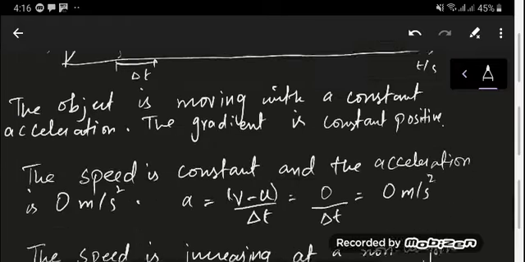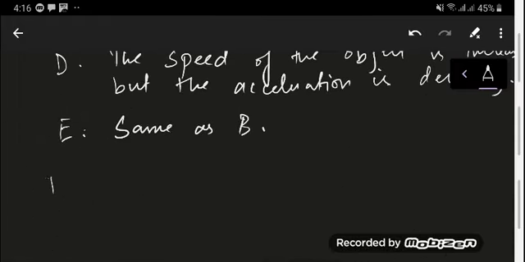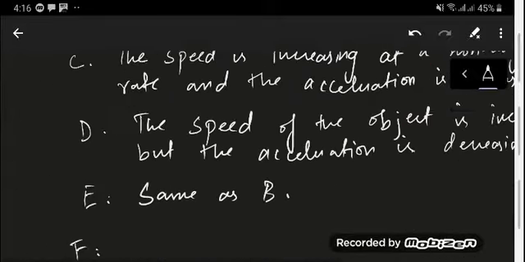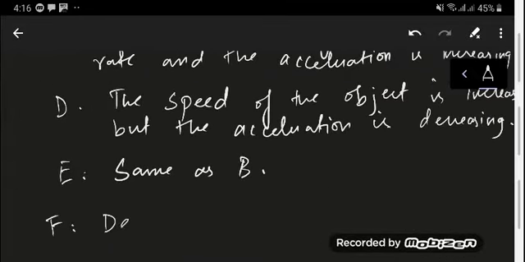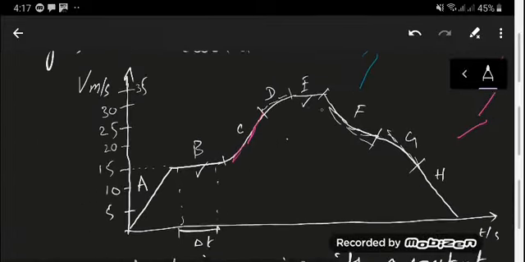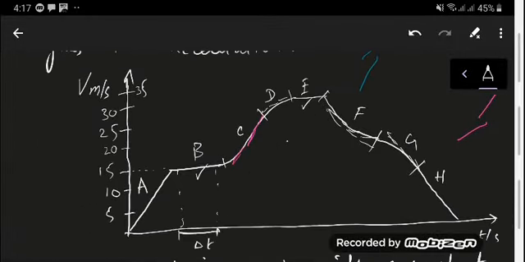For part F, decreasing negative acceleration. The speed is decreasing here, you see? The speed is decreasing, it is becoming less.